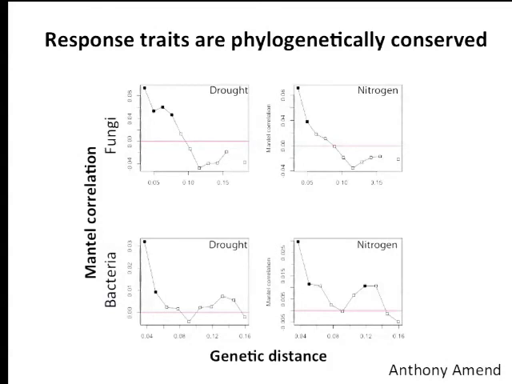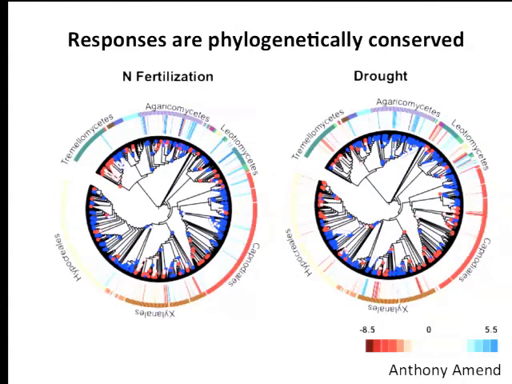correlation there. Another way to look at this, if you're used to looking at phylogenetic trees, would be again in this circle here. On the left-hand side, I have nitrogen fertilization response plotted, and on the right-hand side, drought, and these are for fungi. What you should notice in this graph is that if a clade responded by increasing in abundance, then that node is colored blue.